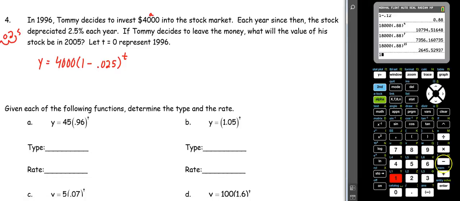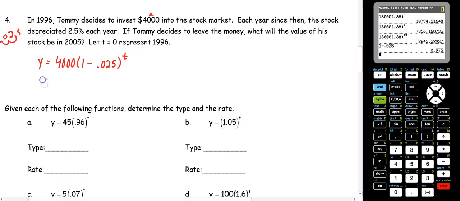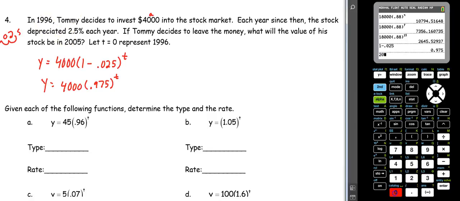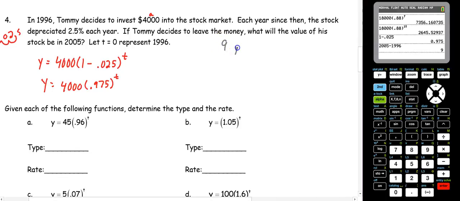So when I subtract 1 minus 0.025, we get y equals 4,000 times 0.975 to the t. Now, if he is taking out his money in 2005, we can subtract our years to figure out how many years it's been. So 2005 minus 1996, when he first put the money in, that's 9 years. So we want to figure out how much money he has left after 9 years.